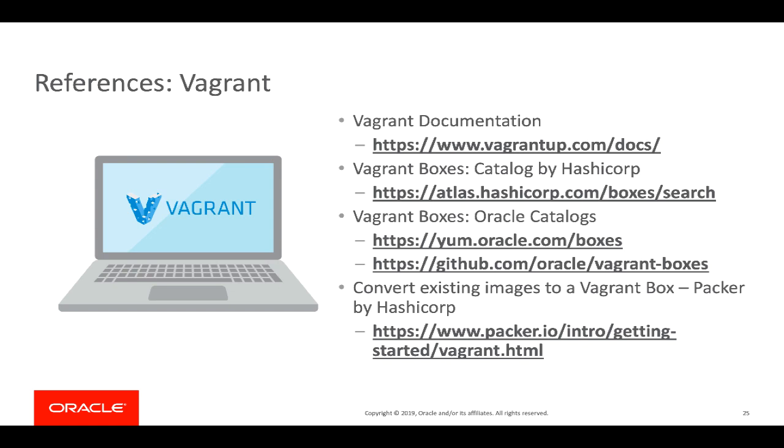On GitHub, as we already saw, different solutions on top of Oracle Linux 7. And then also a reference to another HashiCorp product, Packer. With Packer, you can also evaluate converting an existing image to a Vagrant box, and then introduce your DevOps solution and automation on it.